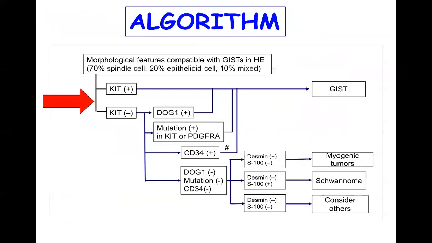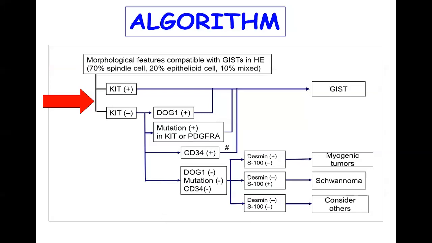What is the histological algorithm? If you have a morphological feature compatible with GIST, if KIT positive, it is a GIST. If KIT is negative, you have to search DOG1. If it's positive, it's a GIST. You have to search mutation in KIT or PDGFR alpha, and you have to search CD34.